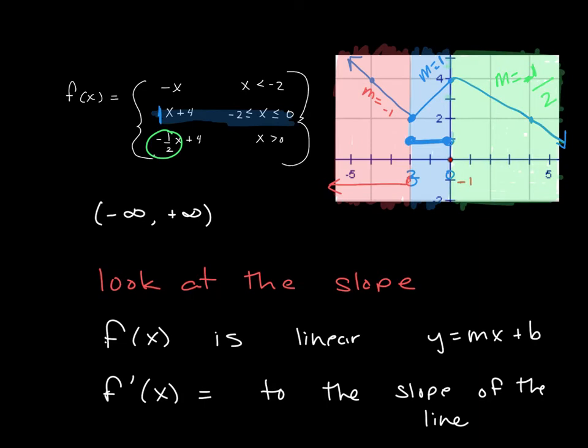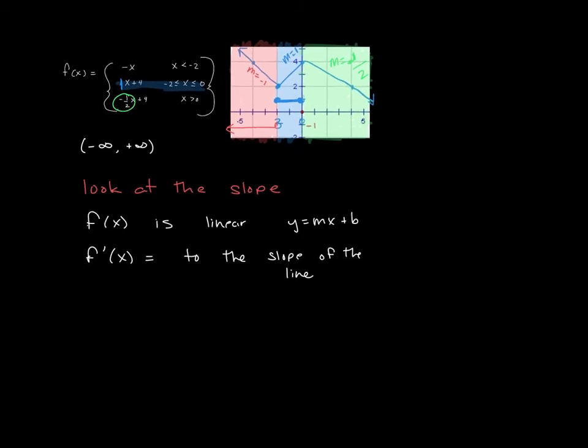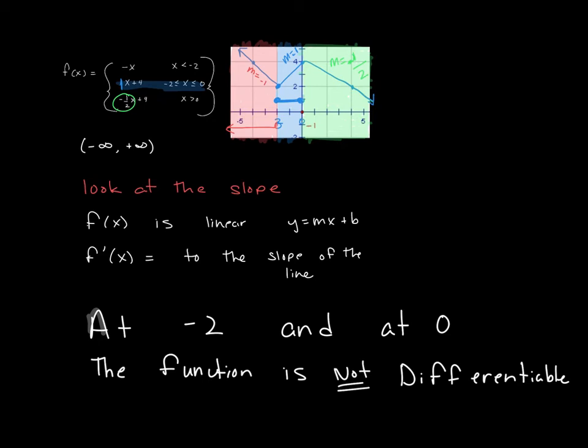So this brings us to an important question: where is this graph differentiable? If I look at this, both at -2 and at 0, the graph is not differentiable. And the reason is that the slope abruptly changes.